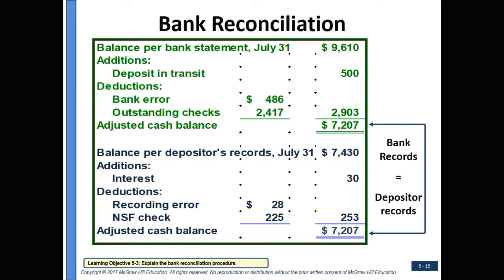Remember, there's a $28 difference between what we recorded it as and what it cleared as. And then we subtract the $225 NSF check to determine an adjusted cash account balance of $7,207. The adjusted bank statement equals the adjusted cash account balance.